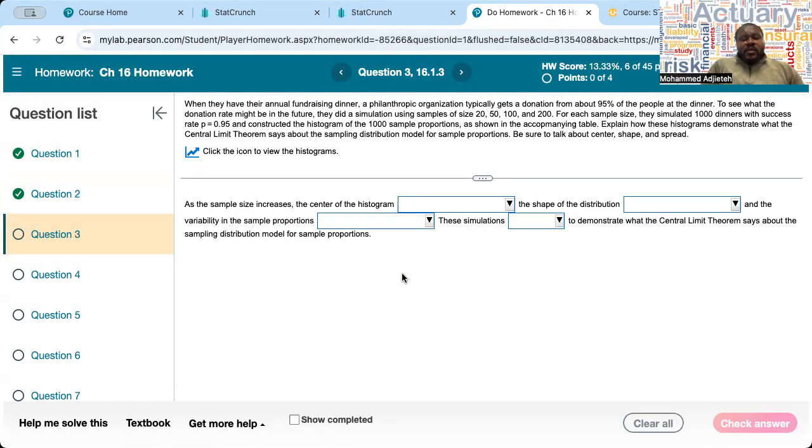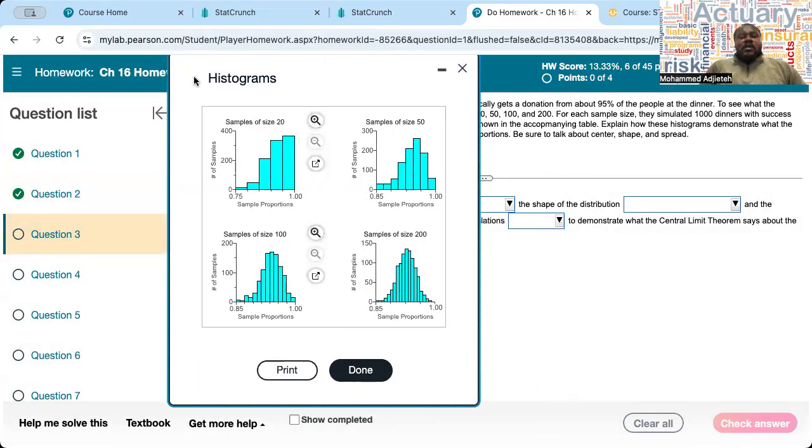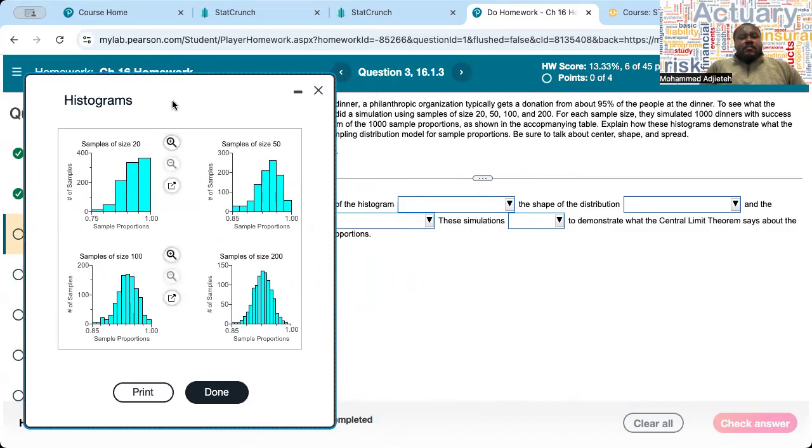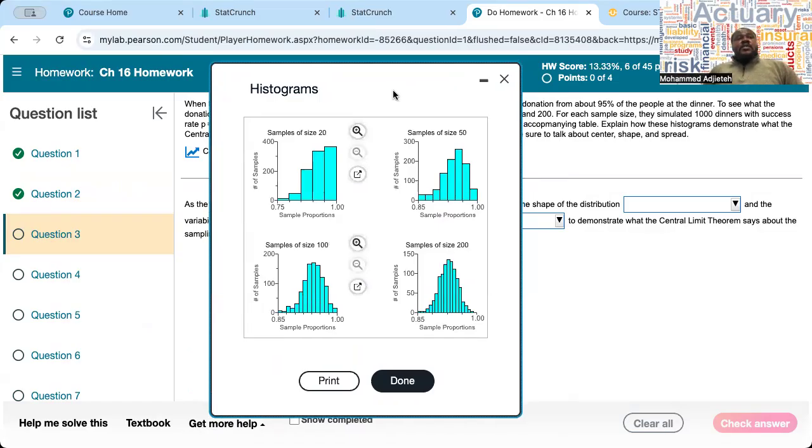Now let's get to 3. For 3, you read the problem and then I click on this one to look at the histograms. So this is the histogram. Can we all see that? So when you look at this one, look at the sample size of 20. Look at how it looks. So what shape is this?